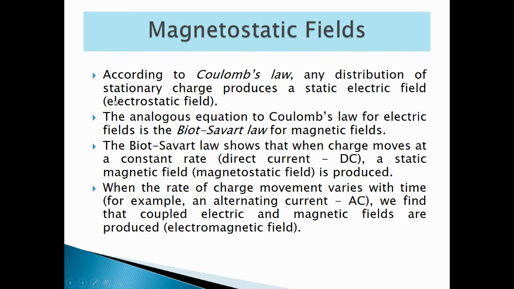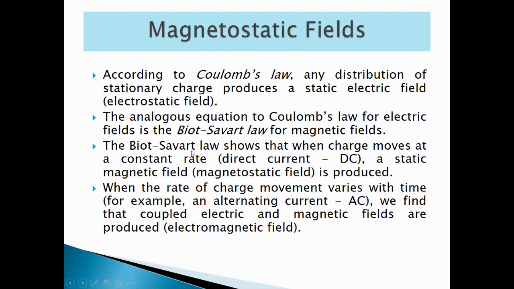So now we distinguish three things. According to Coulomb's law, a stationary charge produces a static electric field. When the charge starts moving in a certain direction without changing direction, it produces a magnetic field, which is shown by the Biot-Savart law.